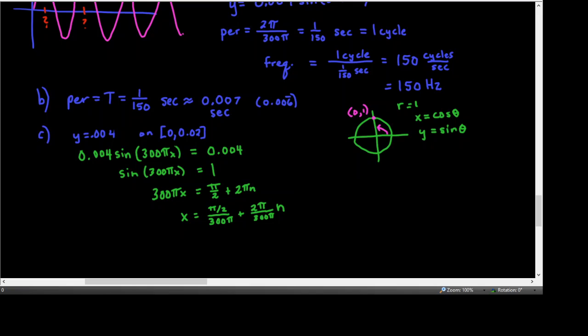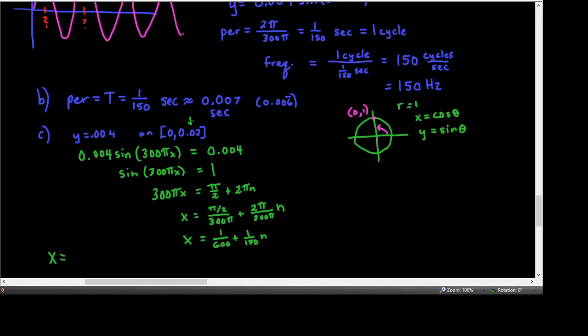And let's see, that's going to be, pi's cancel, so 1 over 600 plus 1 over 150 n. Since they wanted us to find an approximation of those, I believe. Yeah, it says estimate all solutions until we get to 0.02. So I'm going to type this in the calculator.